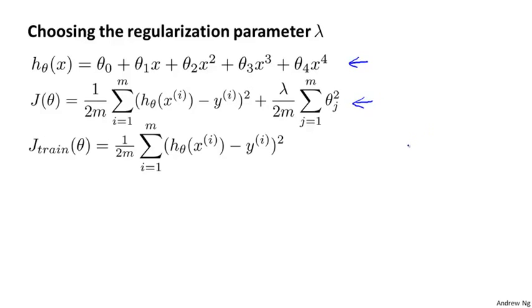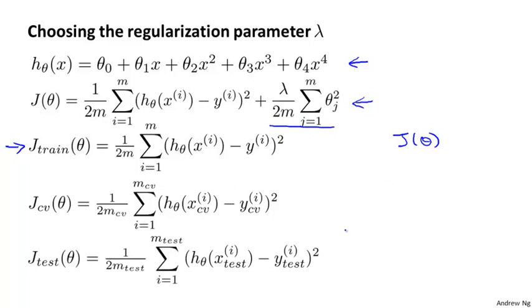Previously, in an earlier video when we were not using regularization, I defined J train of theta to be the same as J of theta, the cost function. But when we're using regularization, with this extra lambda term, we're going to define J train, my training set error, to be just my sum of squared errors on the training set, or my average squared error on the training set, without taking into account that regularization term.